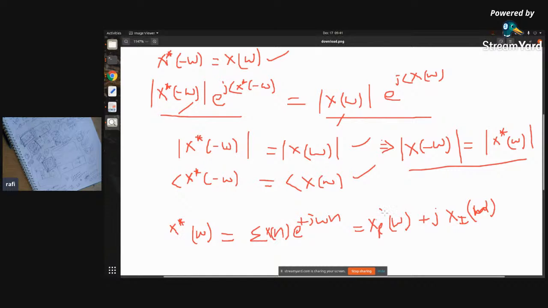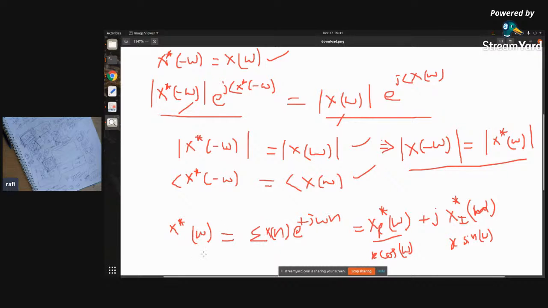Since the star is there, it will go star here also. Earlier we have seen xr of omega is the summation of x of n cos omega n term, and here you have x of n sin omega n term.